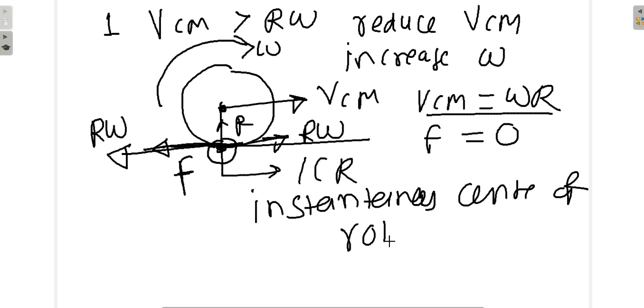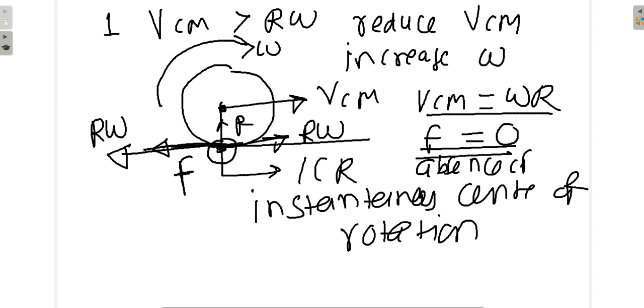So please note that in case of pure rolling, the force of friction disappears provided there is no external force. It is extremely important to understand that the force of friction will become zero in case of pure rolling in the absence of any external force.